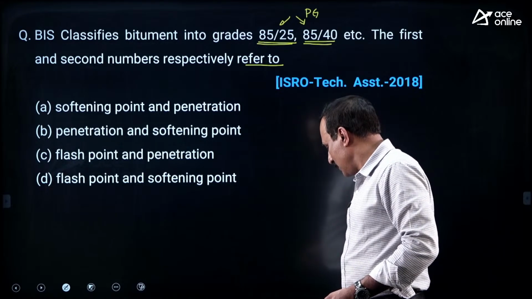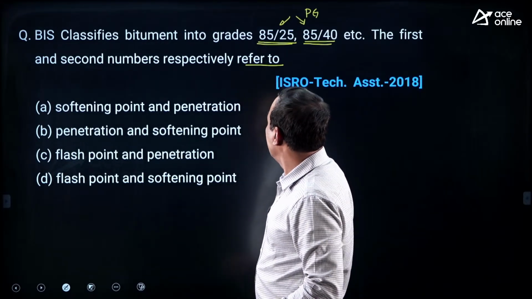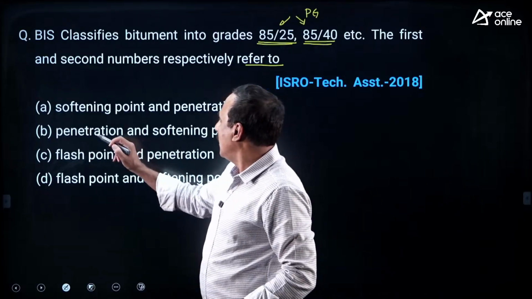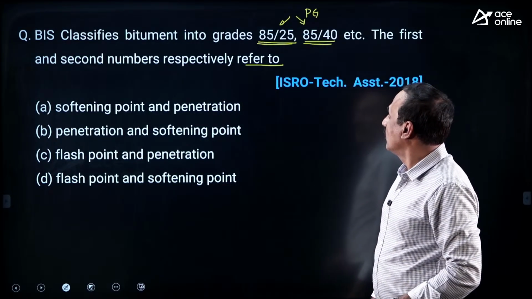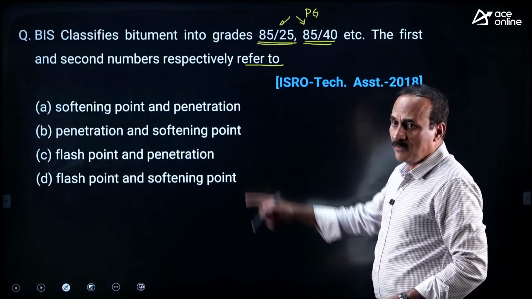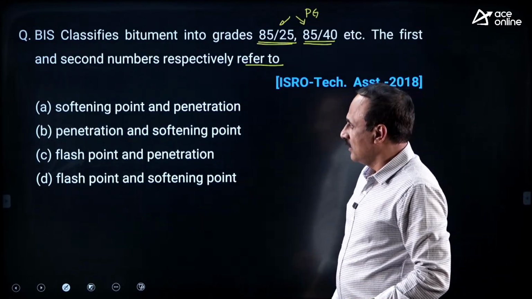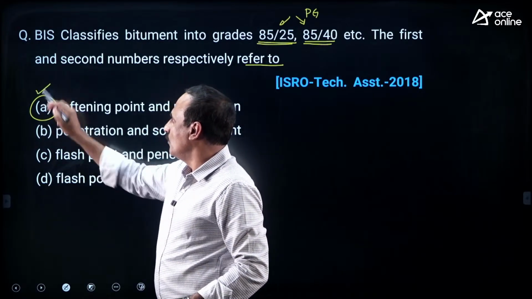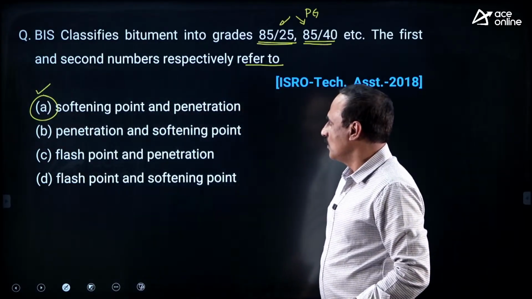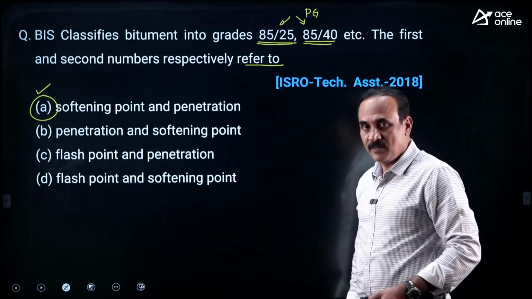Any answer? Answer is softening point and penetration value. 85 at 25 degrees centigrade and penetration value are indicated with that signs. Okay. So, answer is America. Arvind, right.